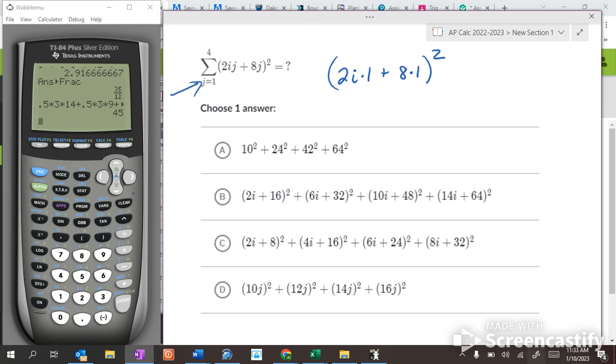Okay? So basically it's 2i plus 8 squared, plus 2 times I times 2, or 4i, plus, if we stick a 2 in here, 2 times 8 is 16 squared, plus, and so on and so on and so forth. Okay, which one is that? C.